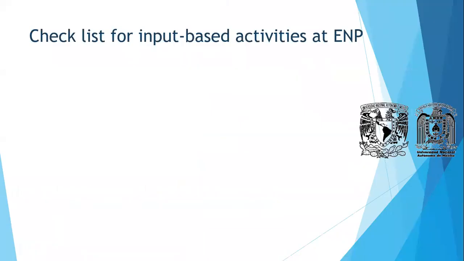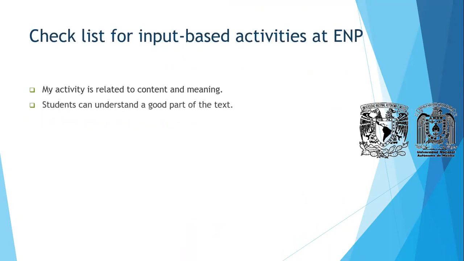Well, now that we know the characteristics of our input-based activities, here is a checklist that you can use. My activity is related to content and meaning. Students can understand a good part of the text.